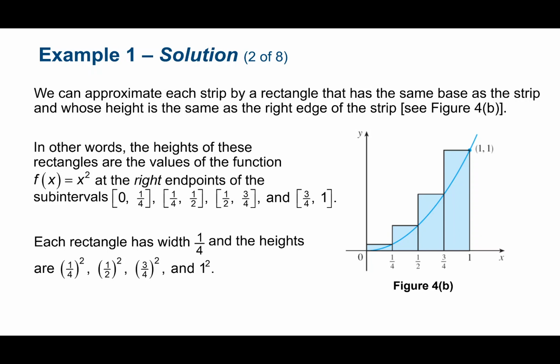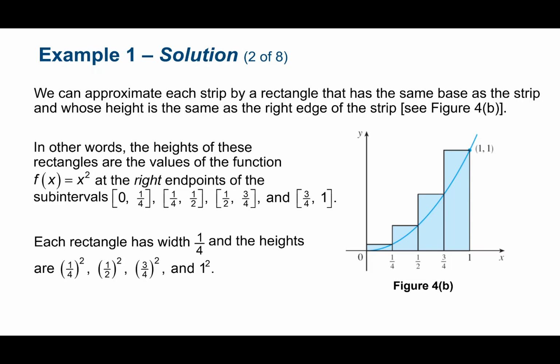So for each one of these rectangles, we know the width. We've taken 0 to 1 and split it into 4 pieces, so the width of each rectangle is 1/4. And if we wanted to figure out the height of each rectangle, what could we do? Well, we know they're this tall, and that y value is the same thing we would get when we evaluate our function at the right endpoint of that interval.